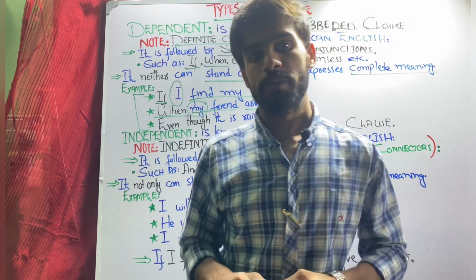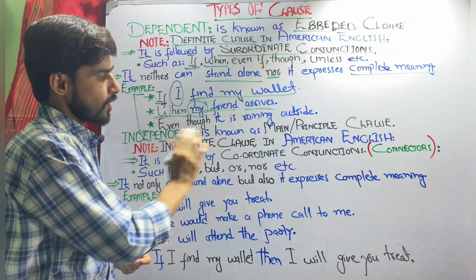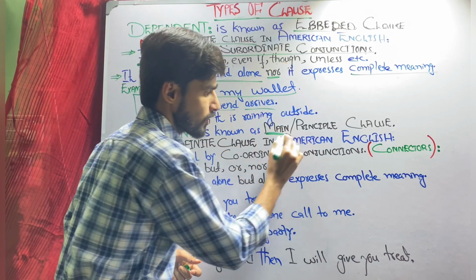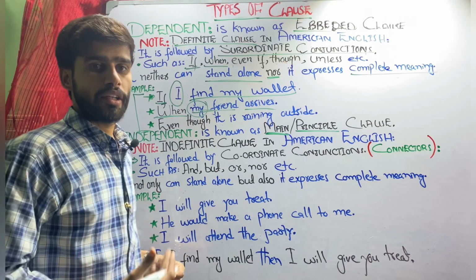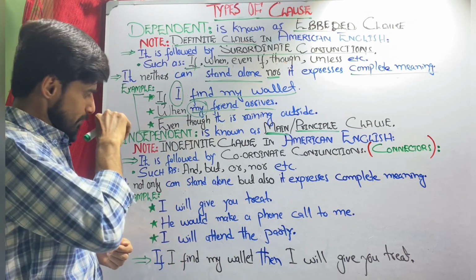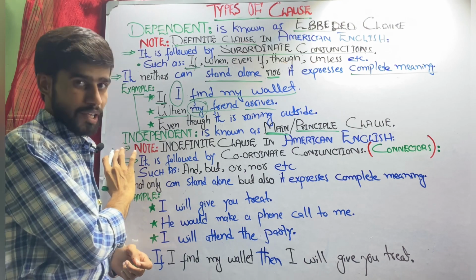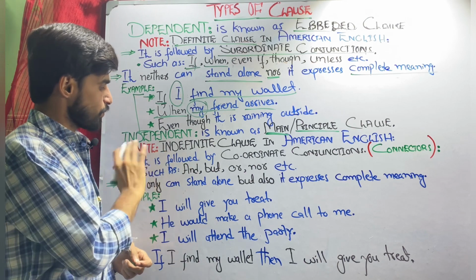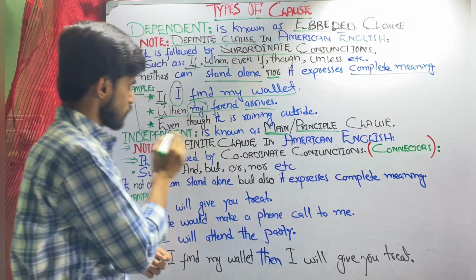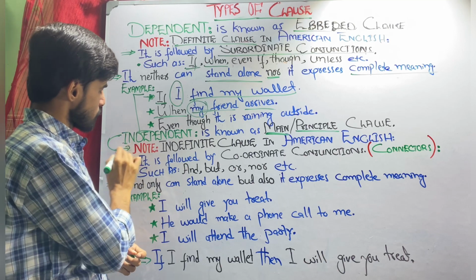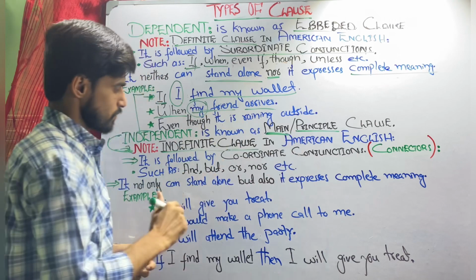Let's discuss the independent clause as well. Independent clause is known as main clause in Wren and Martin, and principal clause in Oxford English Grammar. In IELTS, and this line is from my IELTS notes, it is known as indefinite clause in American English.